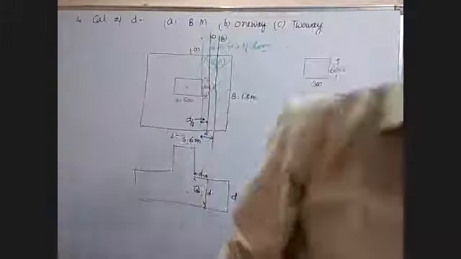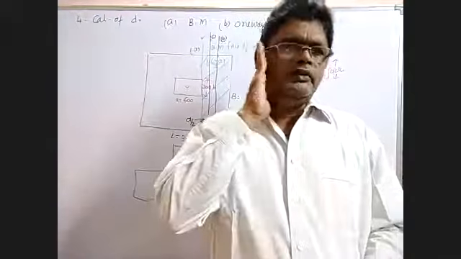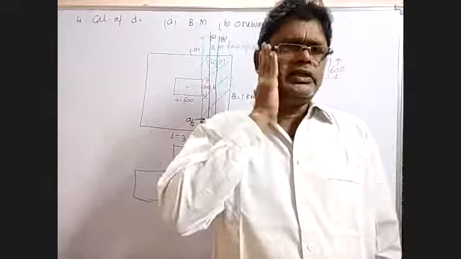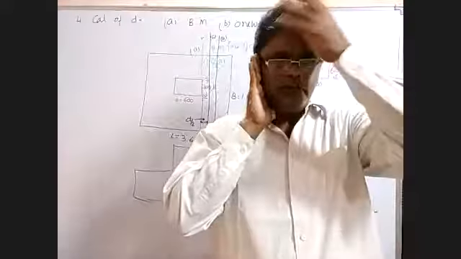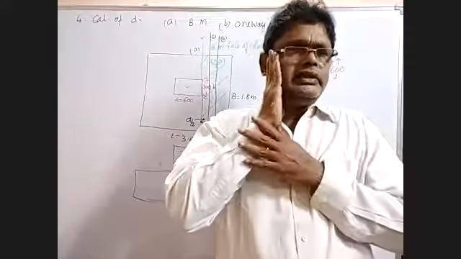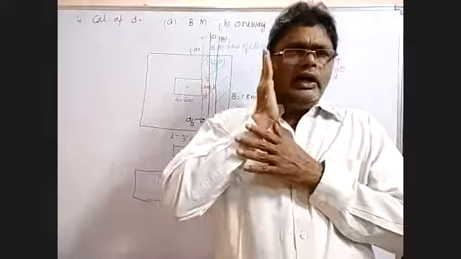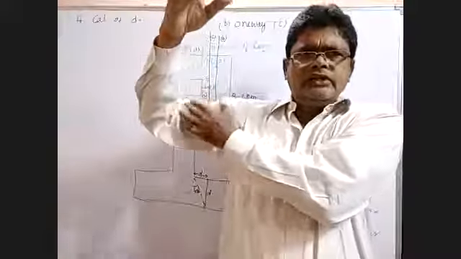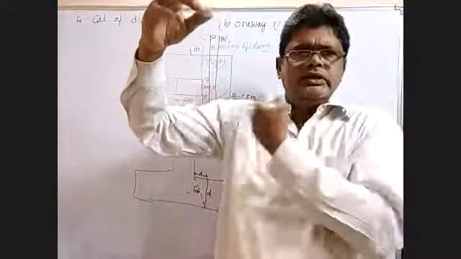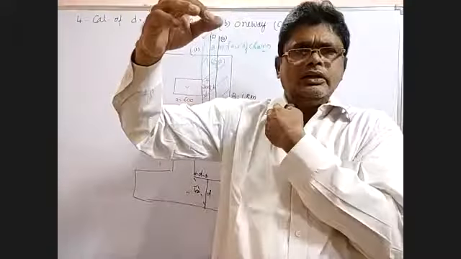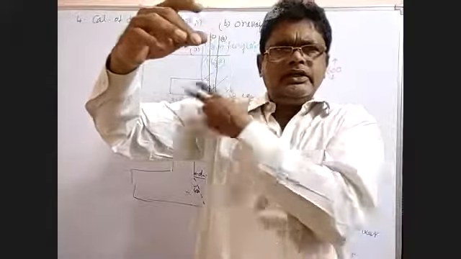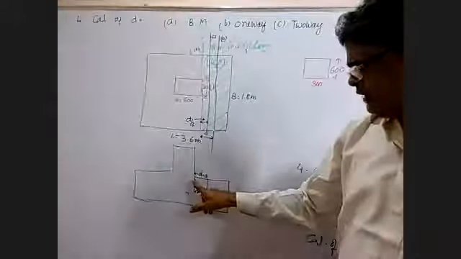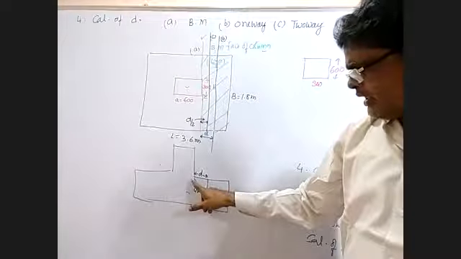And see, the bending moment failure will take place at the face of this column. Assume that my head is a column, and the one-way shear acts at the elbow here. This distance is D. Why is it D?